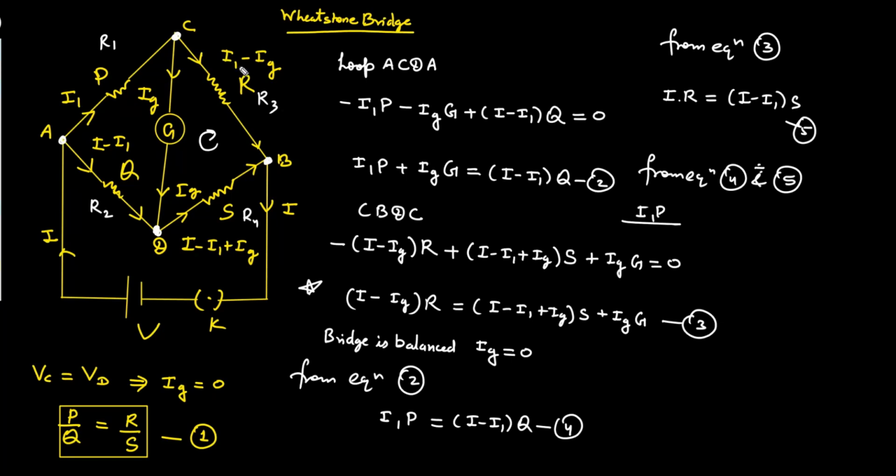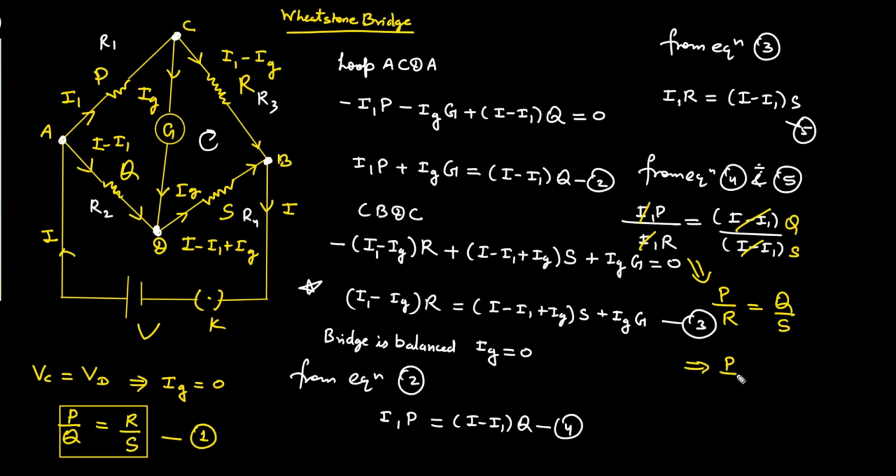Here we have made one mistake. It is I1 minus Ig, and since Ig is 0, this is I1 only. So this will be P by R equals Q by S, which further can be written as P upon Q equals R upon S.